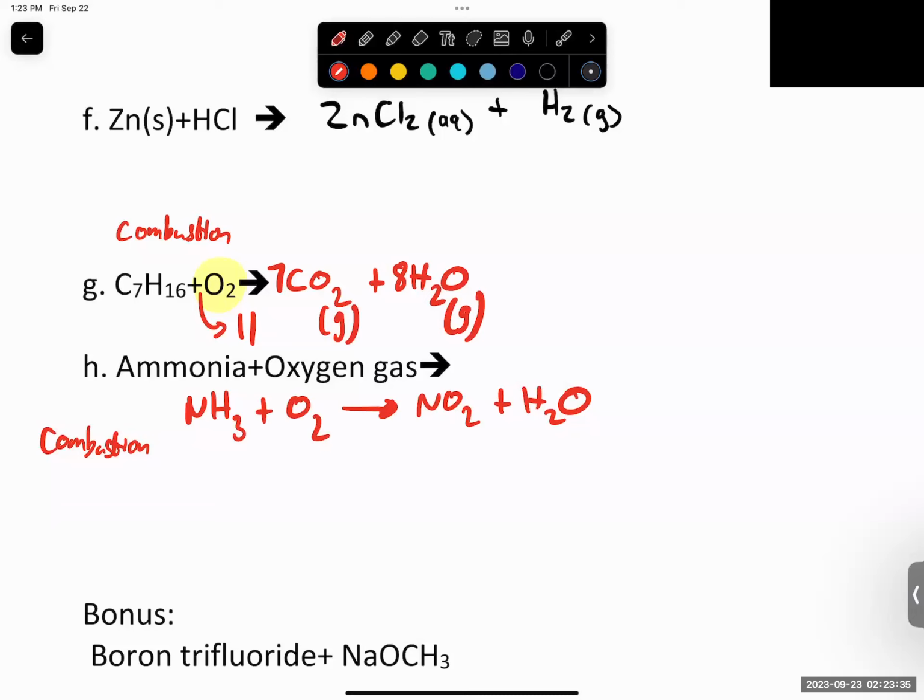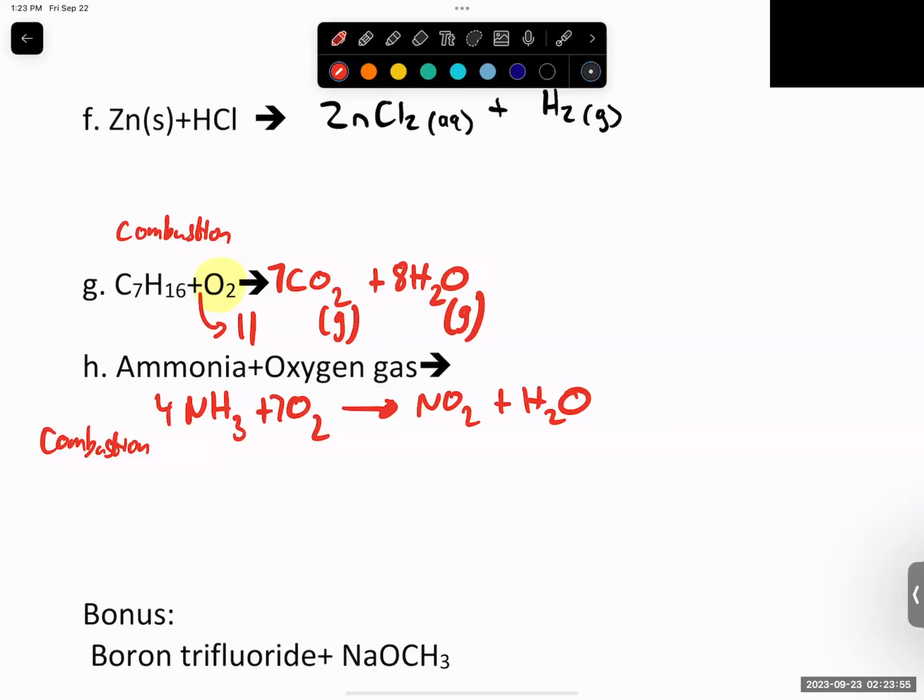So how would you balance out this reaction? We got some coefficients: 4, 7, 4, 6.